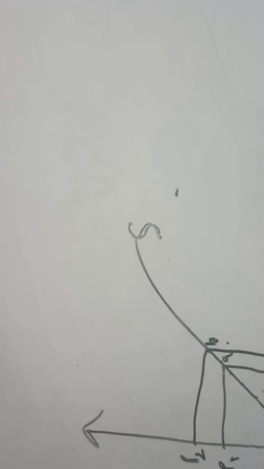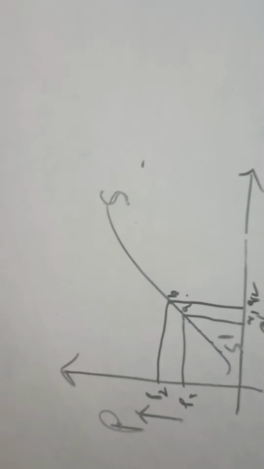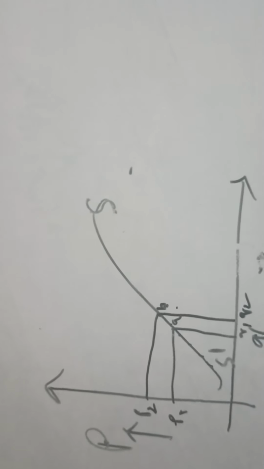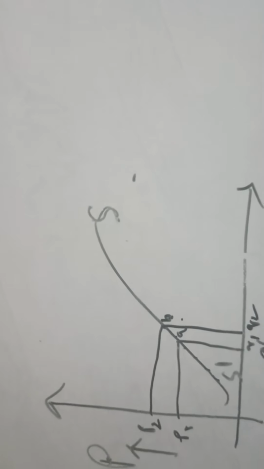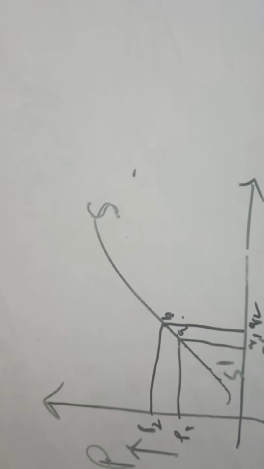The locus of all such points is the supply curve, since we assume a direct relationship between price and quantity supplied. We assumed this earlier; those who have not seen my earlier videos can see them.